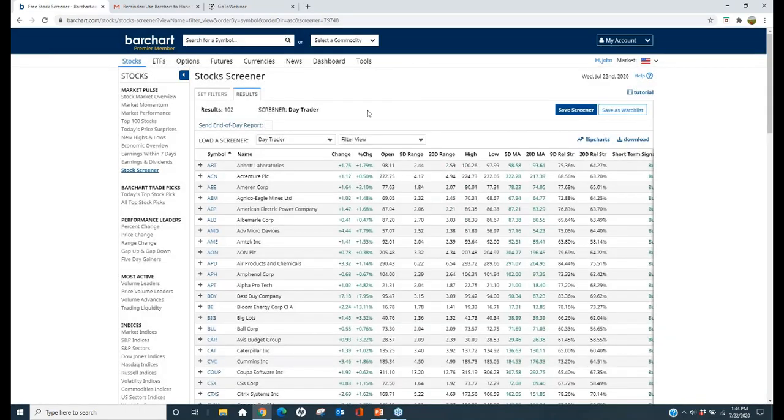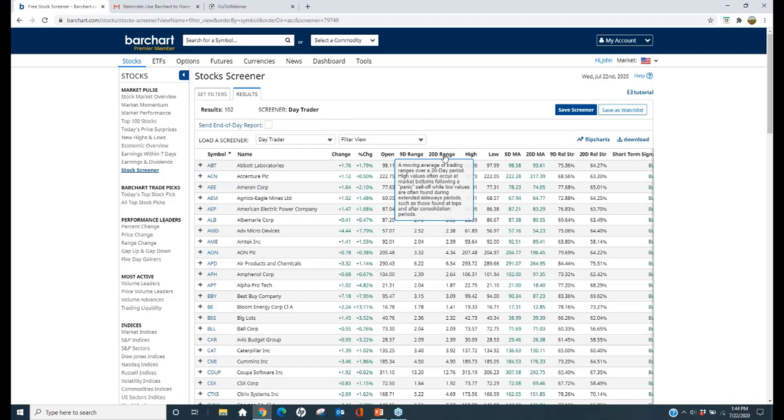All right. So here's my Day Trader. Here's my percentage change. Here's my opening price. Here's where I'm going to start using that comparative analysis. Here's our 9-day ATR. Remember, we looked at 14 before. It's going to be a little bit more sensitive to current price.